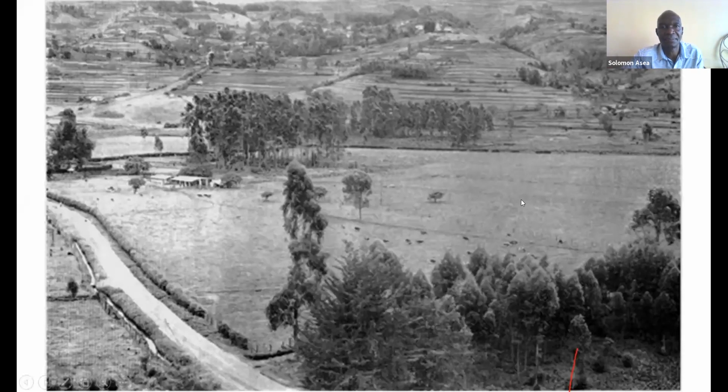In the foreground here, we see cattle. Roads are in the lowlands and the gentle slopes, forest is on the steep slopes. Settlements are on the gentle slopes.